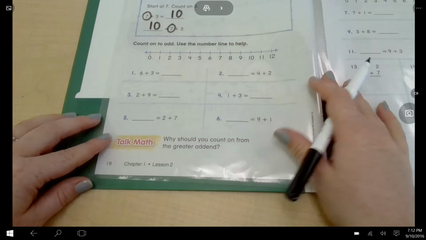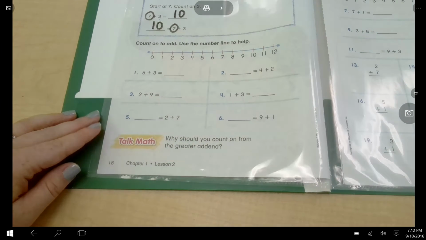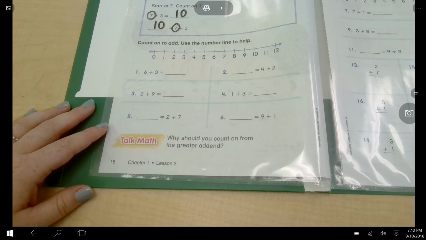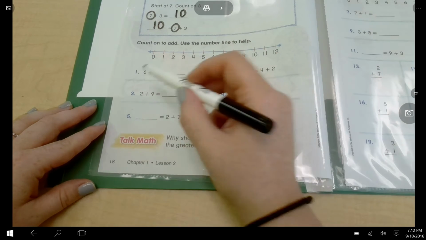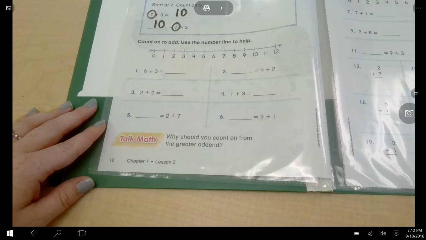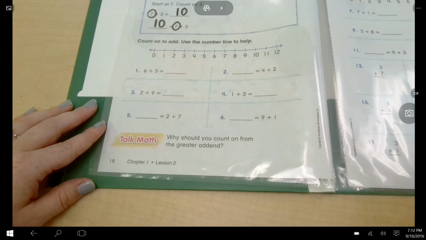Okay, I want you to go ahead and do numbers 1 through 6 by yourself. I'm going to give you the time to do that by you pushing pause. You should have just completed numbers 1 through 6 by yourself using the number line to count and add on.